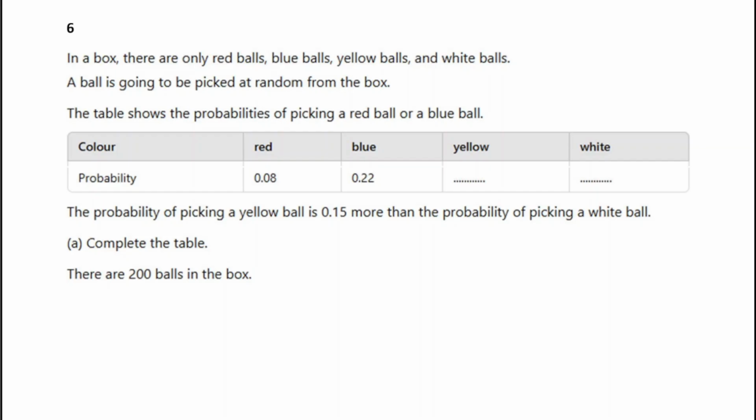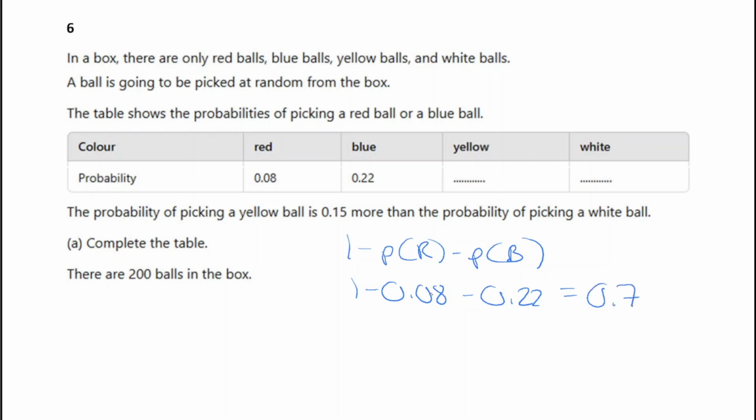To answer this question, we need to start off by doing 1 minus the probability of red and blue, which is 0.7. Then we're told that the probability of picking a yellow ball is 0.15 more than the probability of picking a white ball.